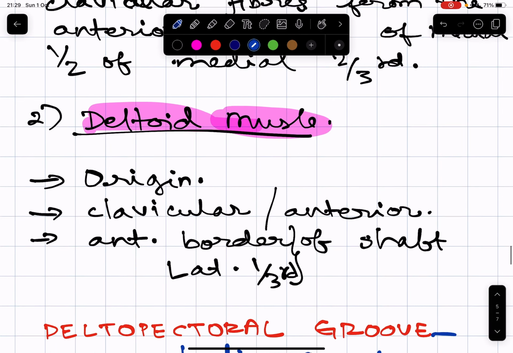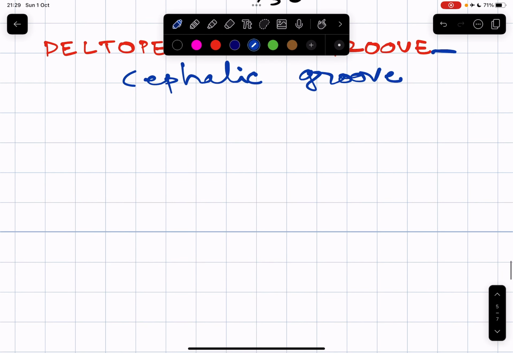Now coming to the superior surface. What structures do we have on the superior surface of the clavicle?